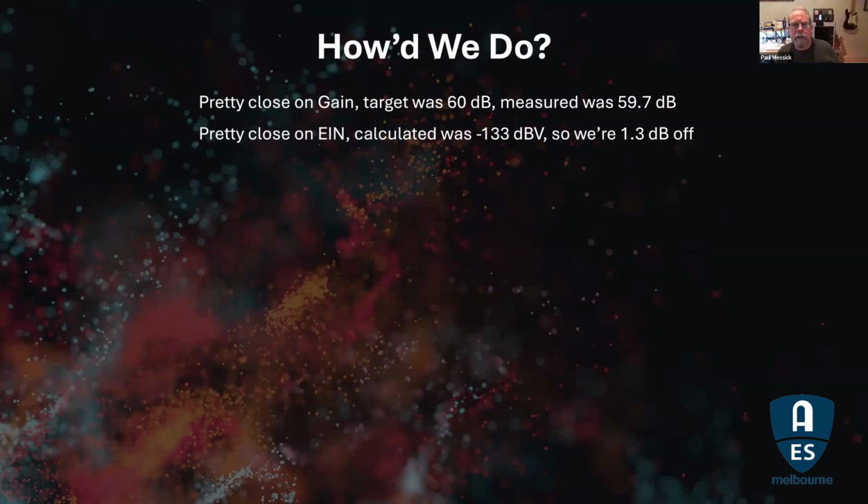Pretty close on EIN. Now, here's an admission of error on my part, one of many. So I calculated it was going to be 133 dBV. So we're 1.3 dB off. What I realized later was I'd had the analyzer set to a 150 ohm source impedance because, hey, it's a mic pre.